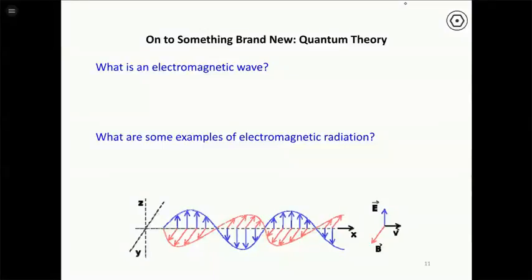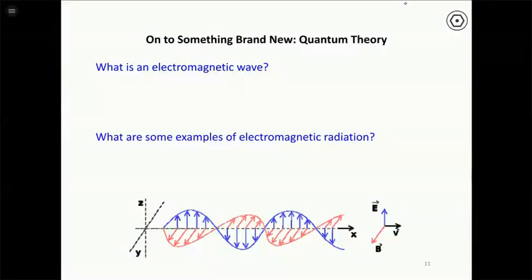A lot of these early ideas came about in what we're going to talk about, which is called quantum theory, by studying the interaction of light with matter. A lot of people at the time thought they had a pretty good idea of what was going on, and that simple atomic theory and classical physics were sufficient to describe everything, and we could just wash our hands and go home, problem solved.